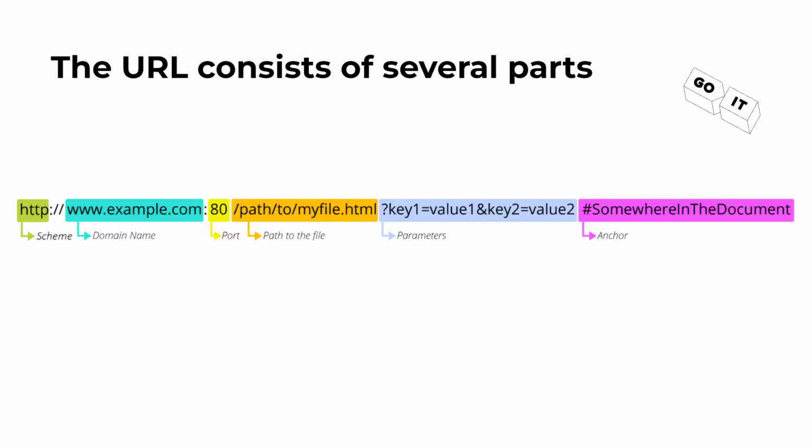Then after the parameters, we have the anchor. So the anchor represents a sort of bookmark inside of the resource. So basically, the anchor is like the keyword for the URL where you are going.